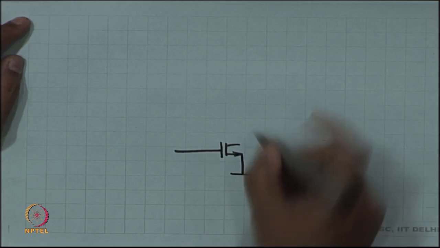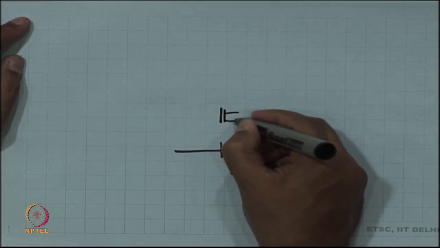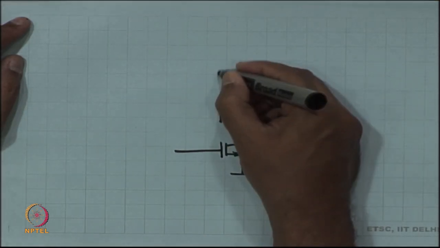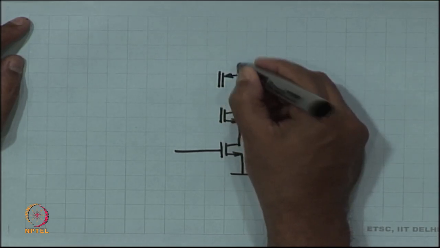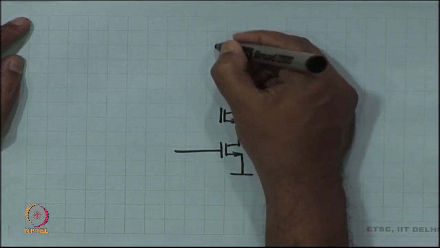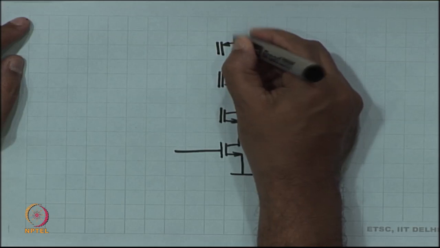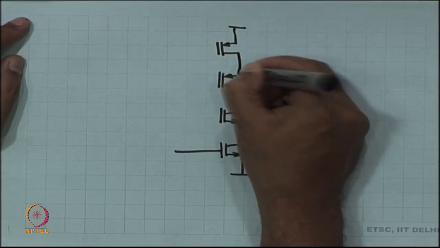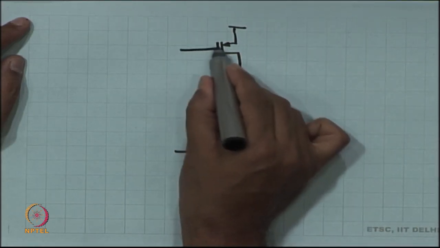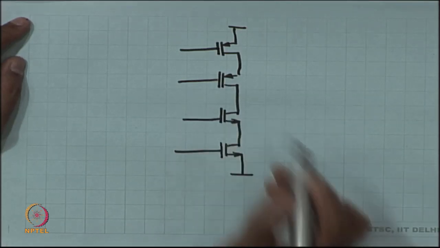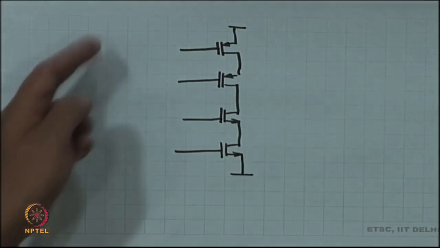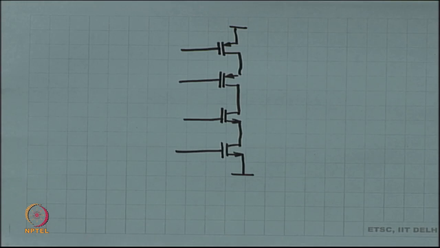So, the cascode amplifier looked like this, and we said that we will just put resistor 1, 2, 3, 4, 5 and create the bias voltages. Okay. But let us not do that.